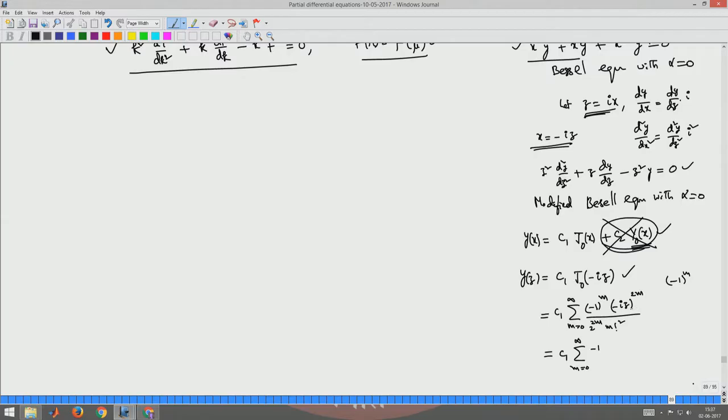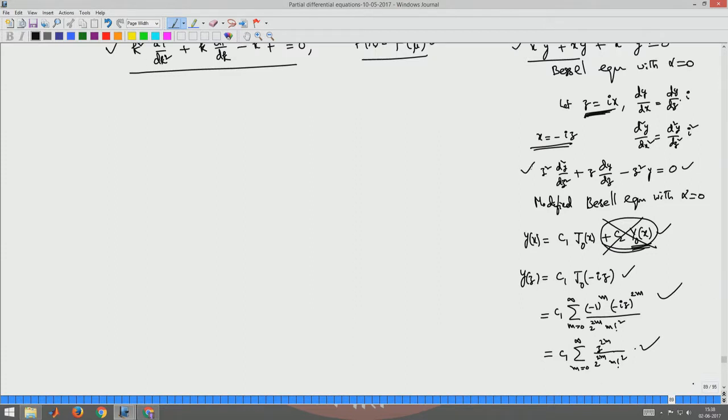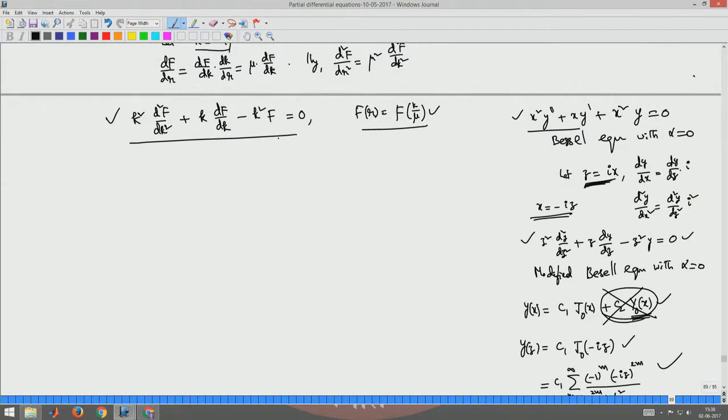The whole term, minus I power 2m together with minus 1 power m, becomes plus 1. So, you have z power 2m divided by 2 power 2m into m factorial square. This is the general solution, and with this transformation this is exactly the modified Bessel equation we have here.